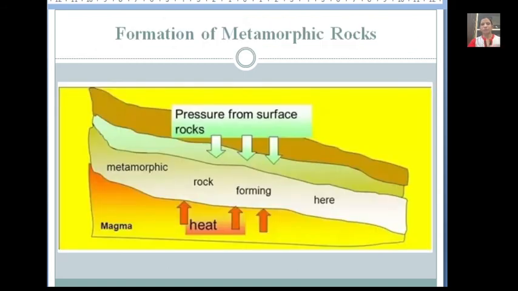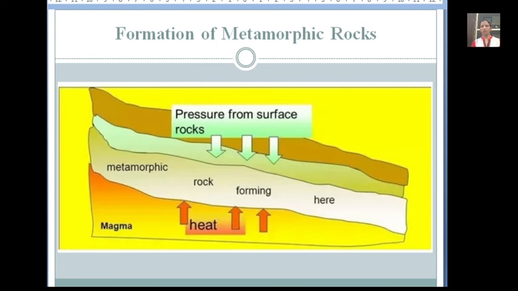Now, this is the formation of metamorphic rocks, how the rocks under pressure and due to more heat change their properties and convert into metamorphic rocks. We can also classify metamorphic rocks on the basis of their origin rocks.